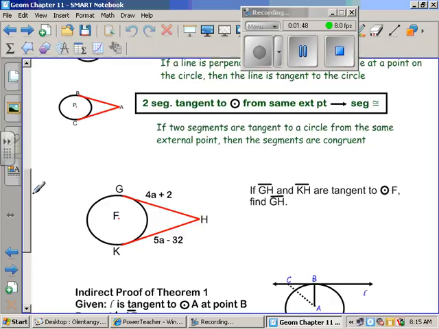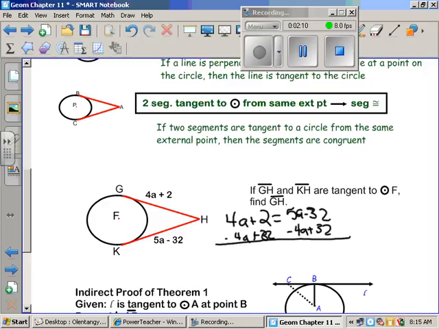So if I wanted to find out what a was, I would do 4a plus 2 equals 5a minus 32. I would subtract 4a and add 32, and that would give me a is equal to 34. Okay, and we're not talking degrees anymore, we're talking actual lengths.